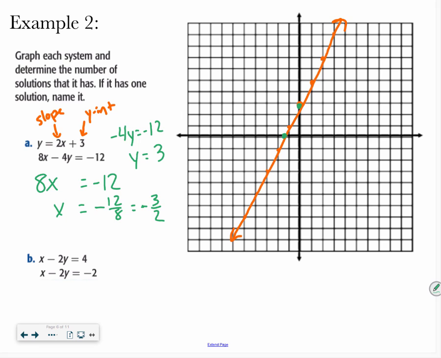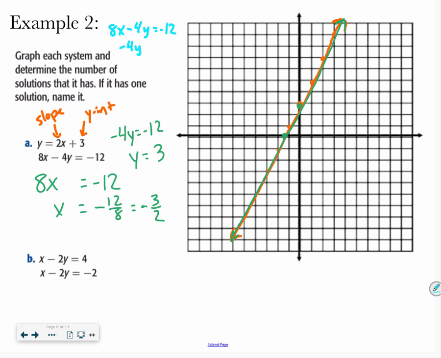So based on my line, it's really hard to tell because of the way I draw my lines, and it's hard to freehand lines. But these are actually the same. This is the same line. One way you could tell is if we did solve this for y, we have 8x minus 4y equals negative 12.